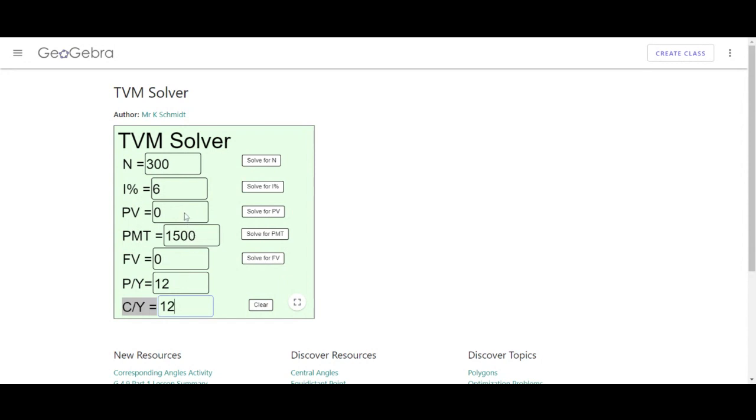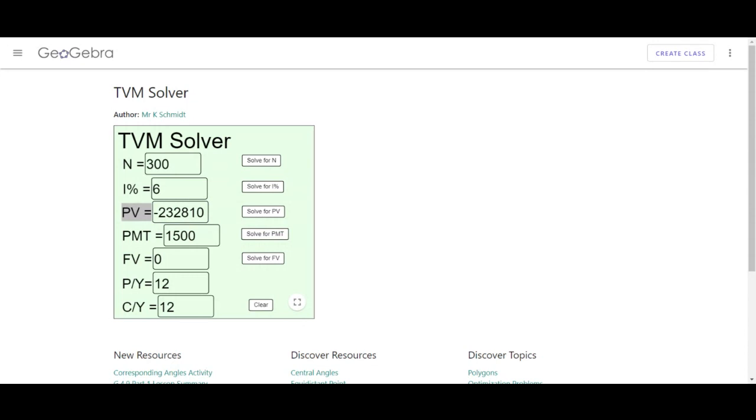So PV is what we want. We get the same amount, right? We get negative 232,810.3. Make sure you click in the box also, because it looks like there's nothing after the decimal, but there is. And I know there's a negative there, but the negative we can really leave off.